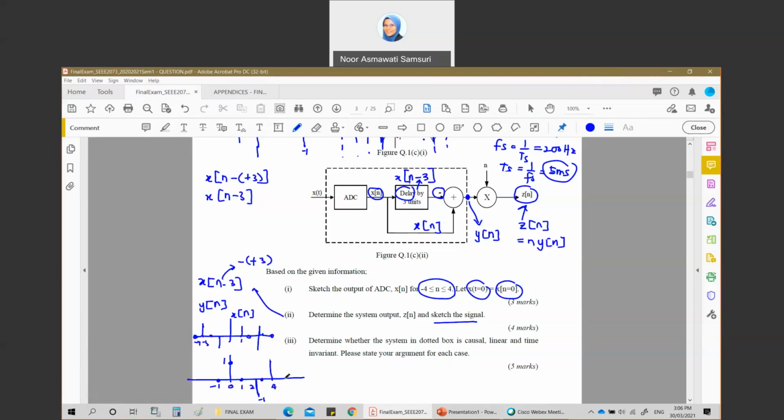Please check my sketch here. Is this correct? I hope it is. Okay, 4, 5, 6, for example. So just catch the signal being shifted, and don't forget that here Yn is equal to Xn plus negative of Xn minus 3.